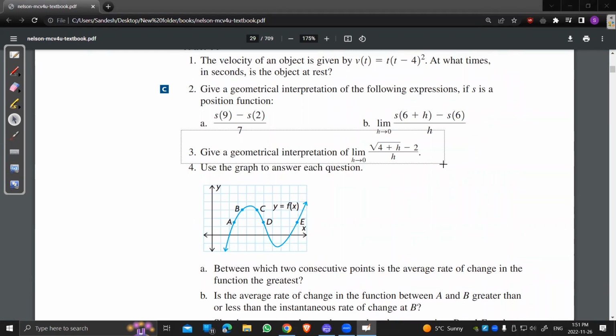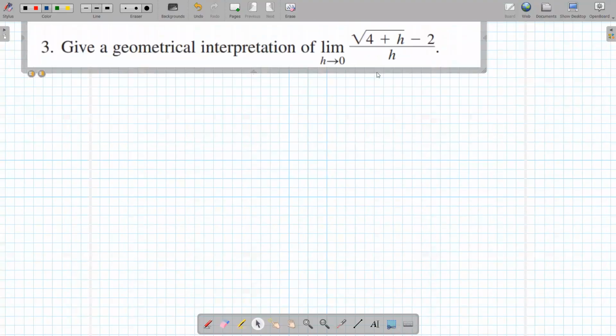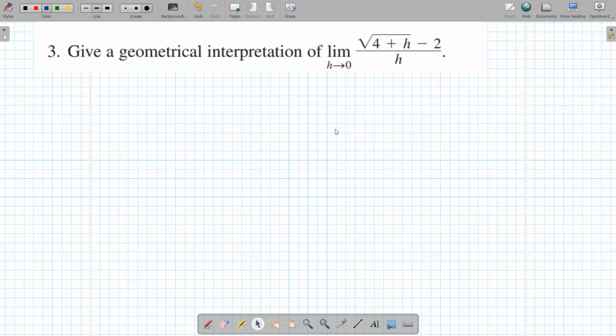Let's actually look at this question. Give a geometric interpretation of this expression. How do you do that? We have to work backwards. This one is weird. The answer is just two steps, but if you don't see it, you don't see it.